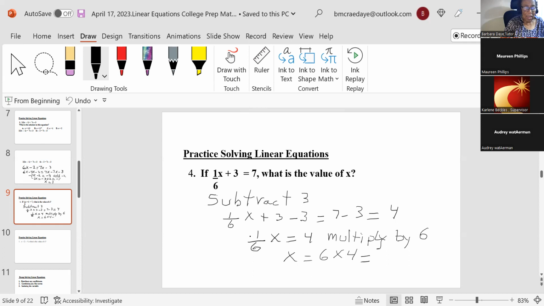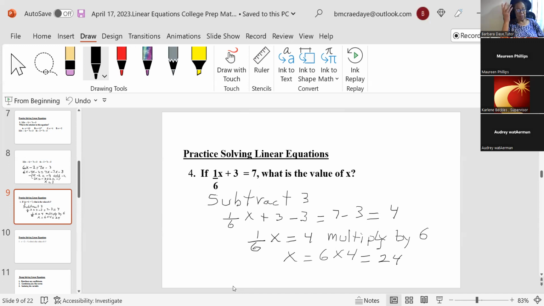So x is 24. 6 times 4 is 24. Audrey, what I'm saying is when you say 1/6 x equals 4, there's only one number you can put in this numerator and divide by 6 and get 4. That's 24.